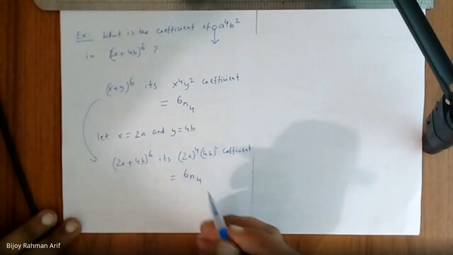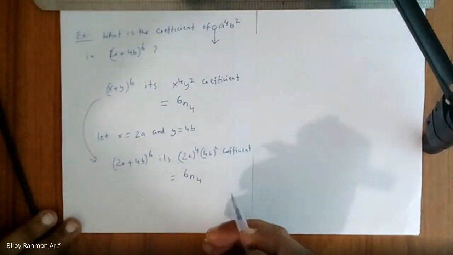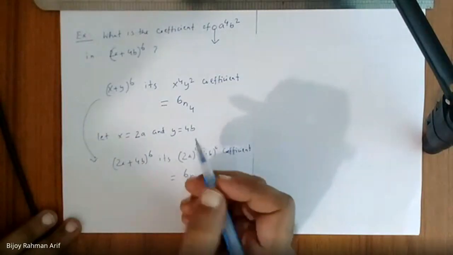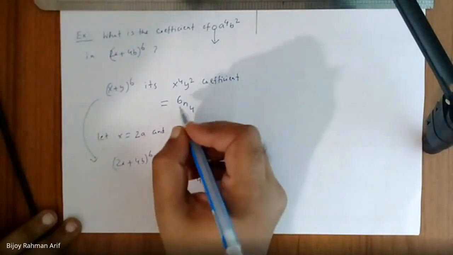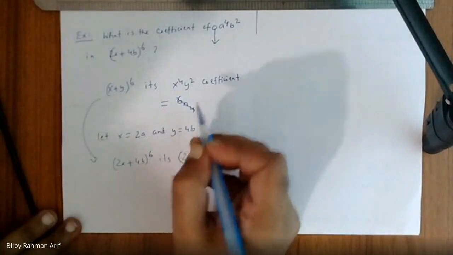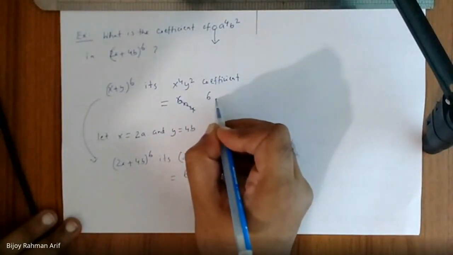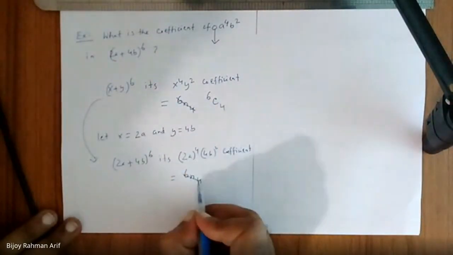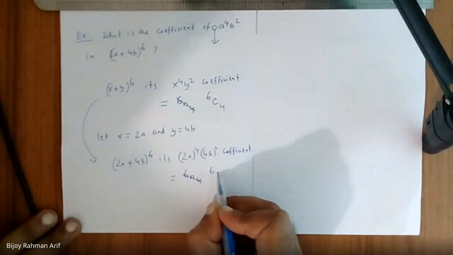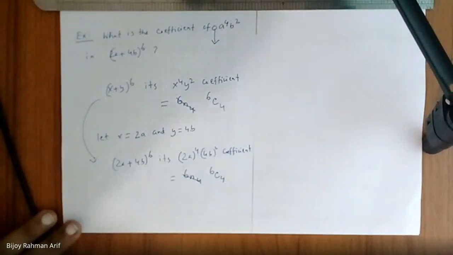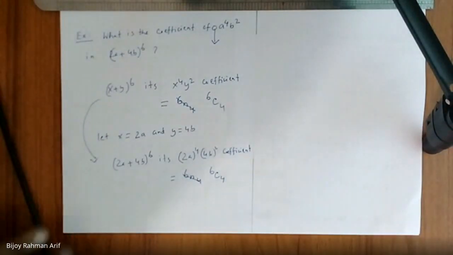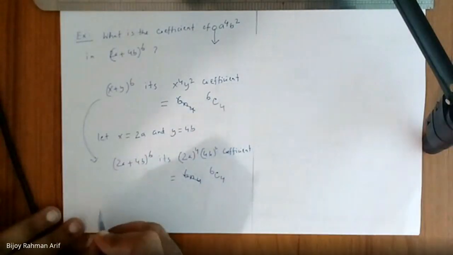Sir, why are you writing 6 and 4? Like 6C4, no? Oh yeah, sorry, it should be 6C4. Now we have extra 2 to the power 4.